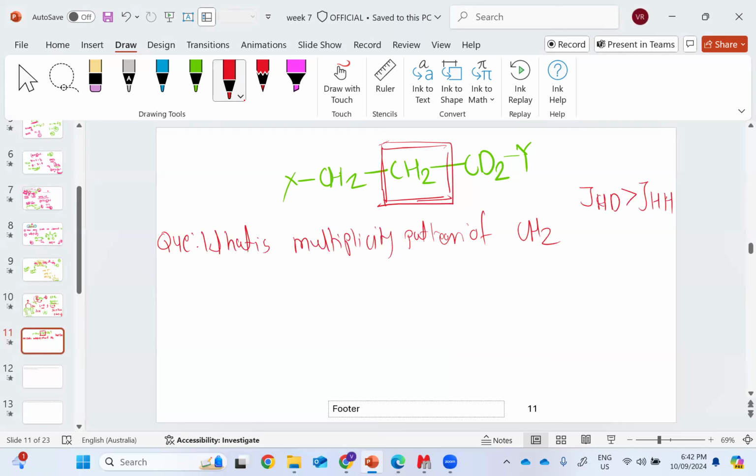As I showed, we have to go step by step. First, we have to take into consideration whichever J value is higher. First show the splitting due to that. So we have JHD is higher, so we should show this splitting first.